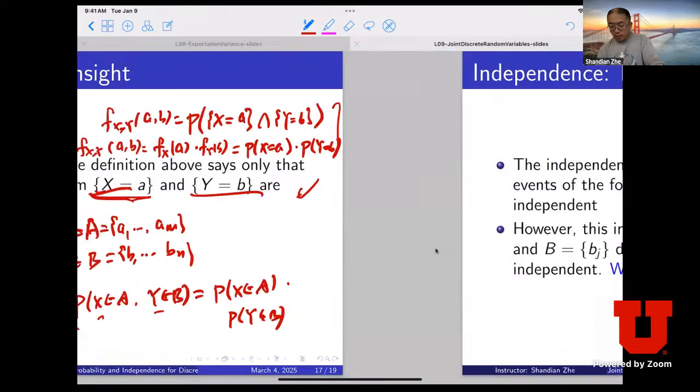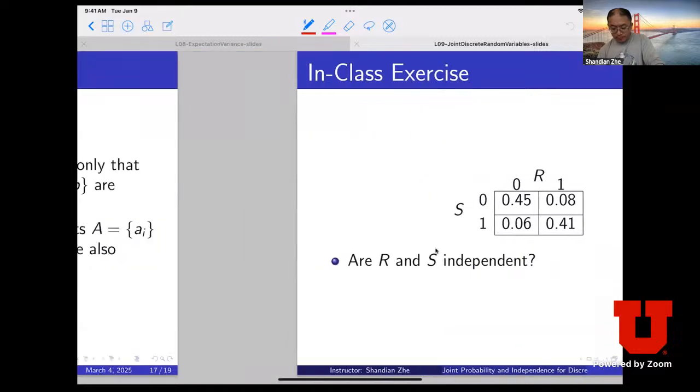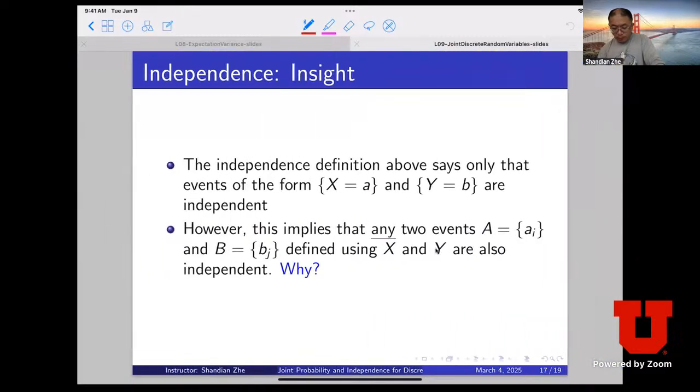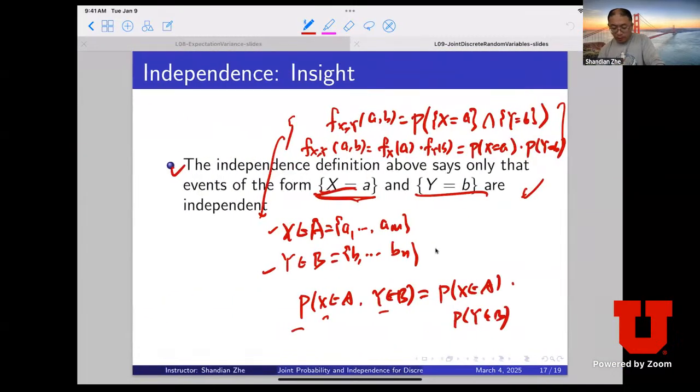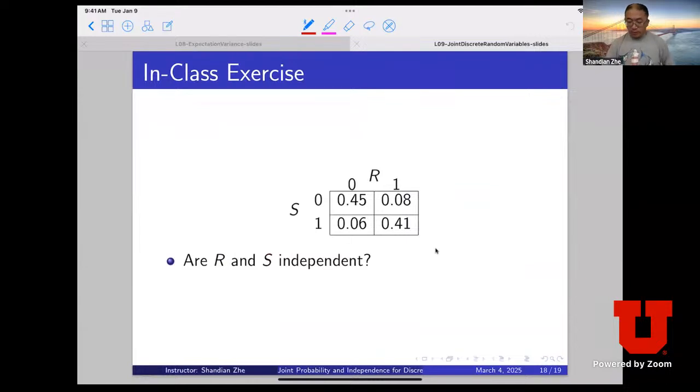Okay, so why is that the case? Due to time limit, I don't think we are able to show this. We're not going to show why we can extrapolate the independence of X, Y to any events regarding X, Y. We just do a little practice from the definition.